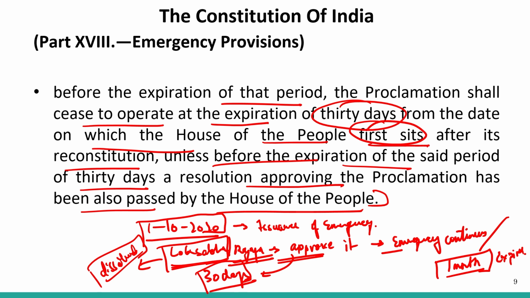If they don't approve it, then from the date on which the Lok Sabha sits, for 30 days, the emergency shall continue, and then it will be removed. Okay, this is what this section is saying.